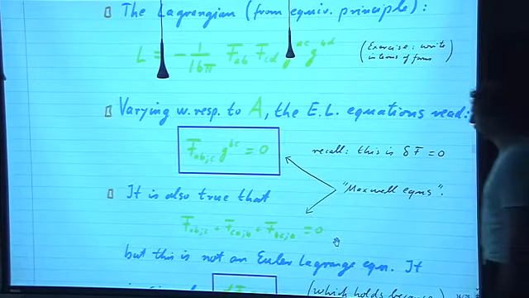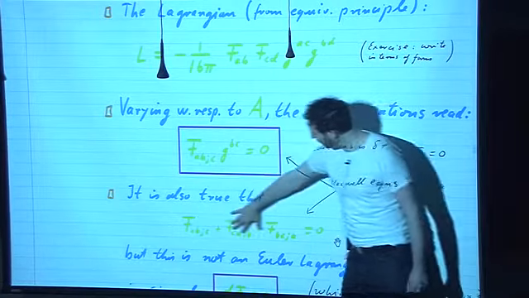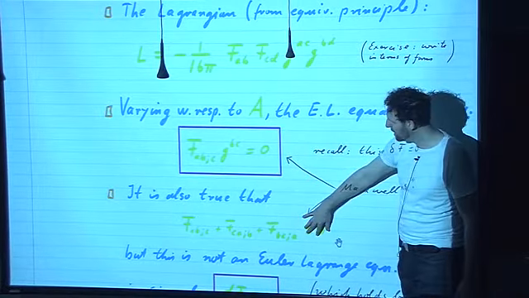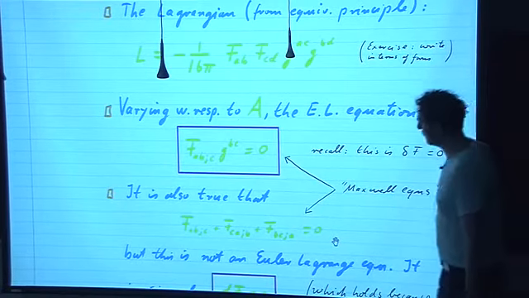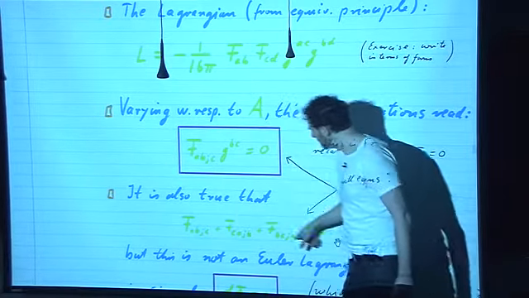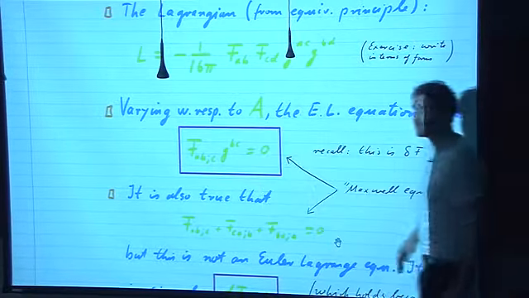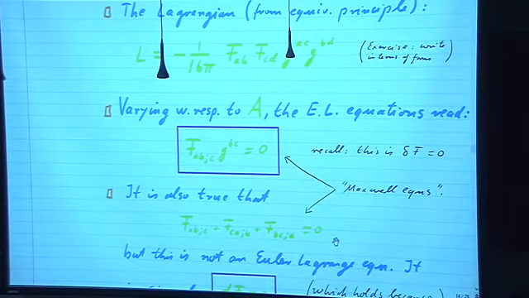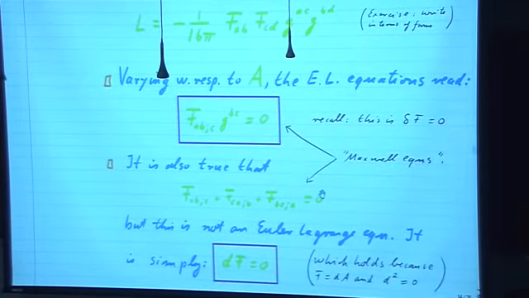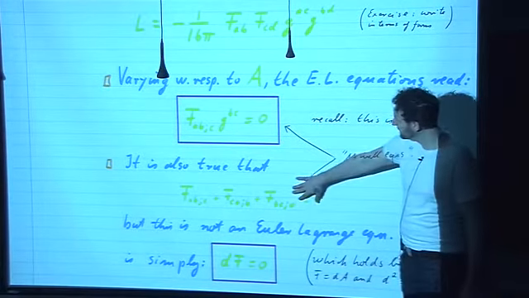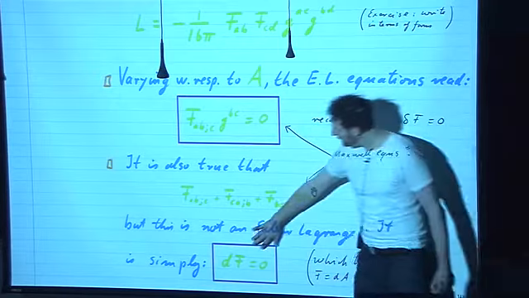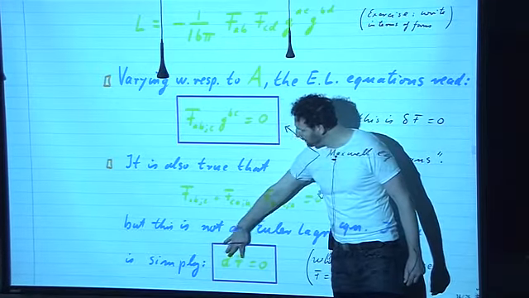What you can also prove is that this equation holds true. These covariant derivatives of the F's with cyclically changing arrangements of the indices. But this is not an Euler-Lagrange equation. This is simply the statement that dF is equal to 0.